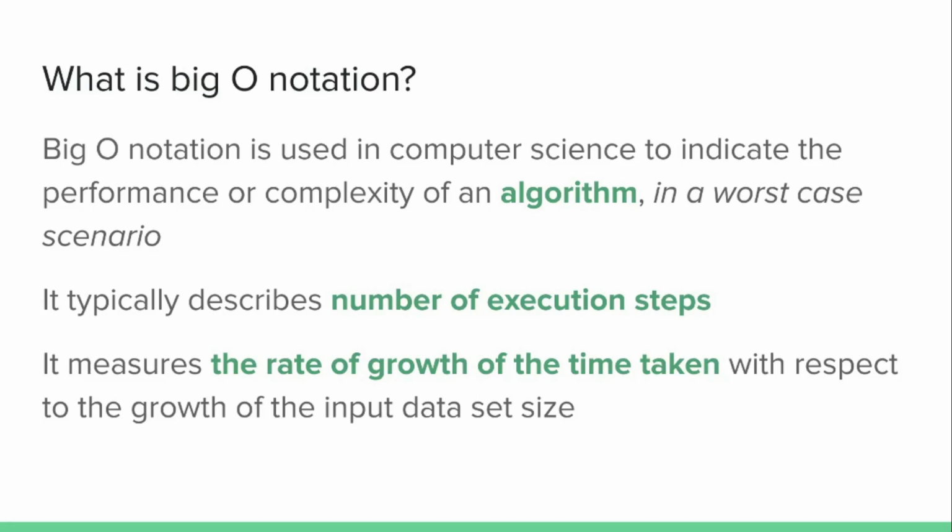And then the important bit is considering, as our data size grows, how quickly does the number of steps we need to take grow. So we're looking at the rate of growth of the algorithm compared to the growth of the data size. That may sound really confusing. That's okay. We're going to look at some examples to try to make it clear.